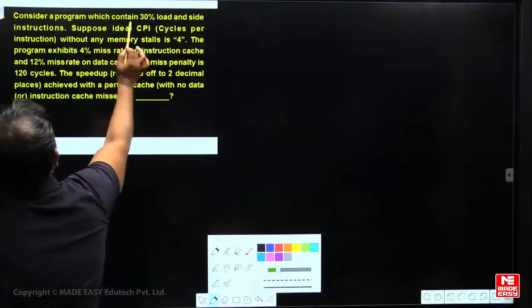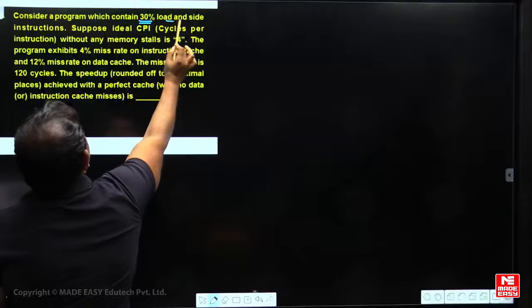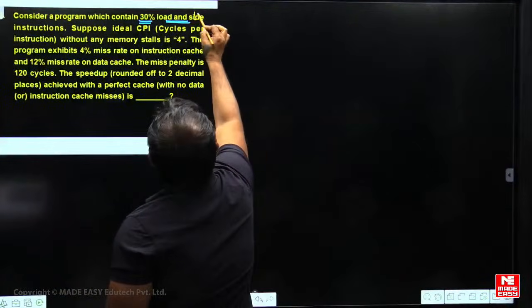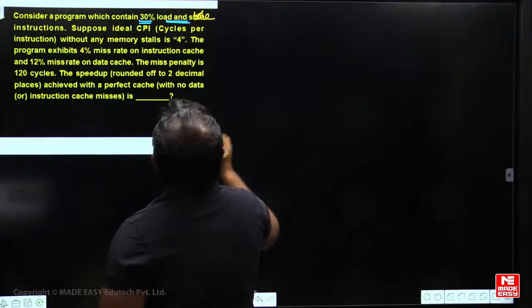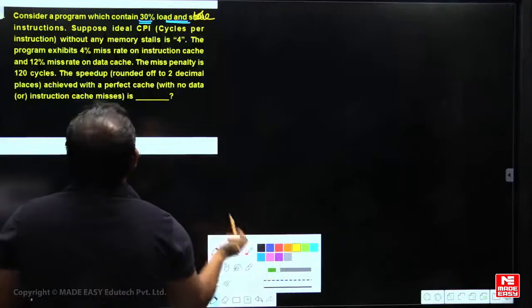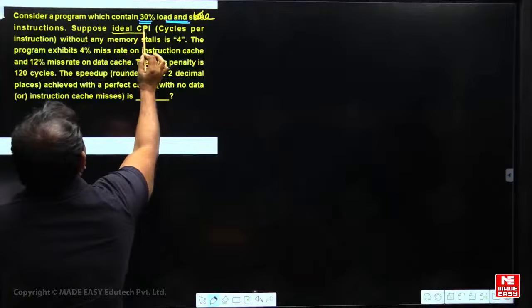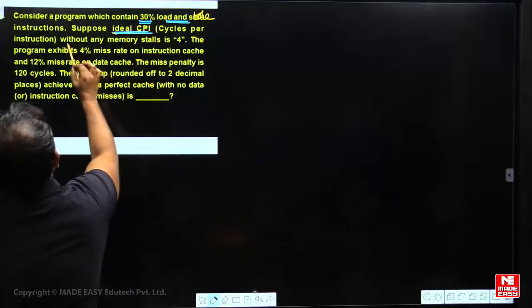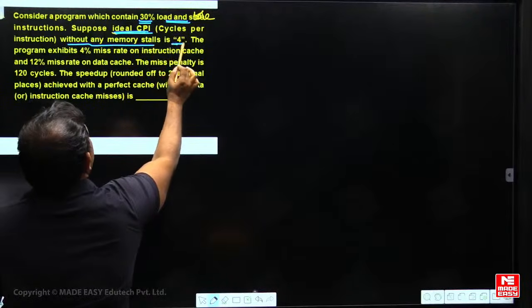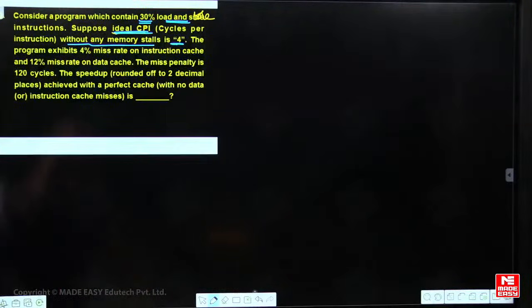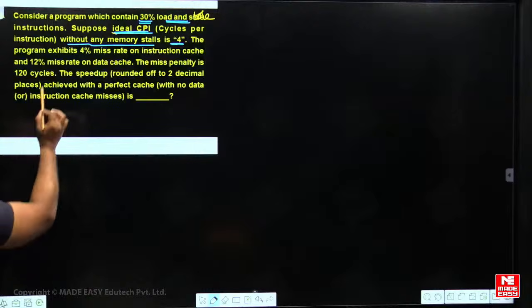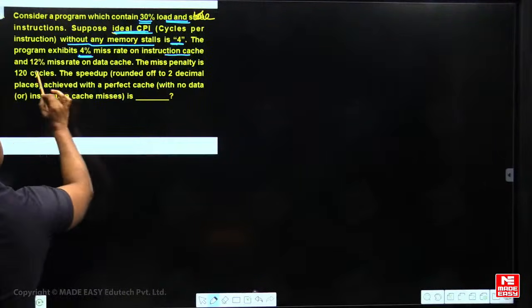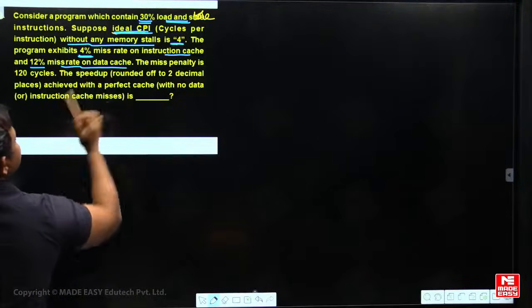Consider a program which contains 30% load and store instructions. Suppose the ideal CPI, cycles per instruction without any memory stall, is 4. The program exhibits a 4% miss rate on the instruction cache and a 12% miss rate on the data cache.